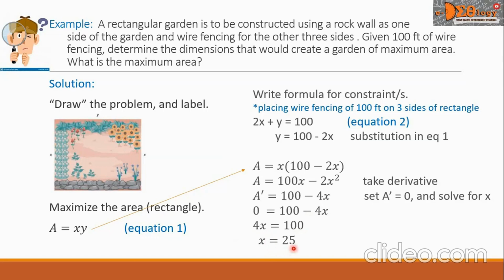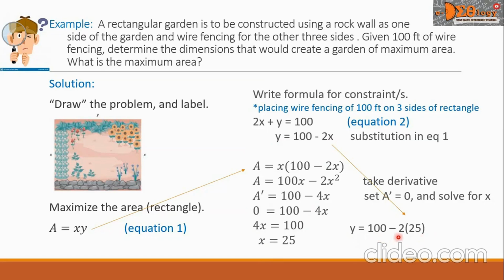Now let us solve for the value of y using this formula. Let us substitute the value of x as 25 in here. So we have now y equals 100 minus 2 times 25. 2 times 25 is 50.